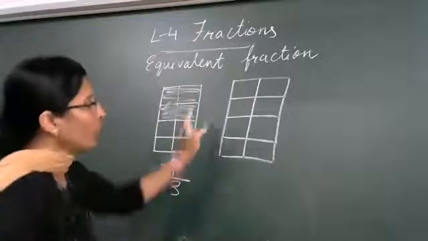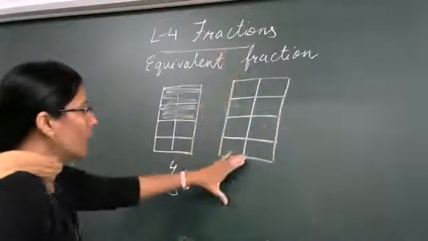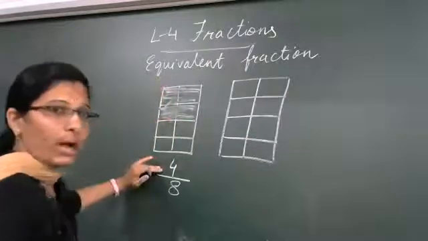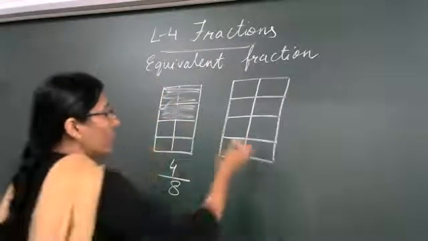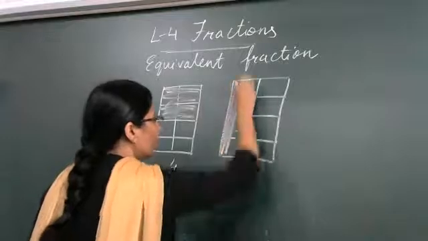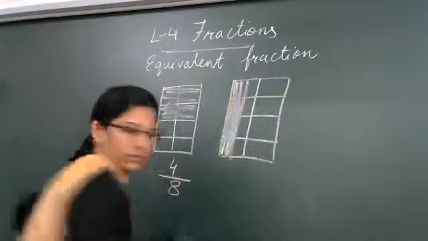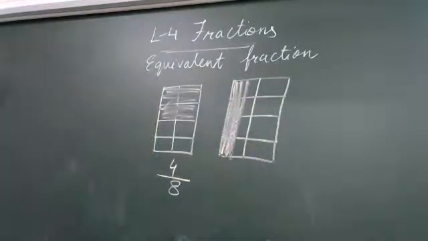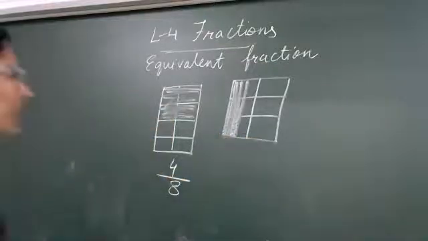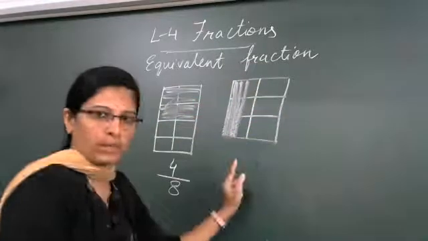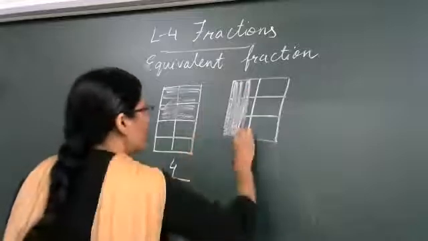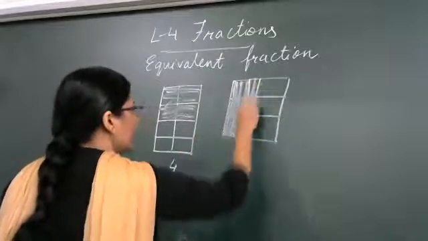Now here you can see this is full, 4 parts are removed. Again, if this Cadbury is having 6 parts, out of that you have given 3 parts.